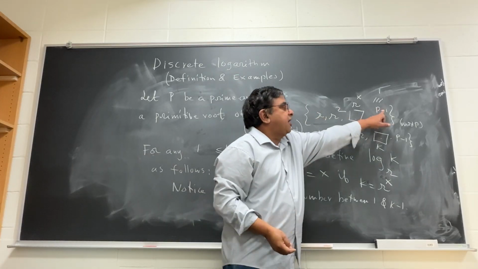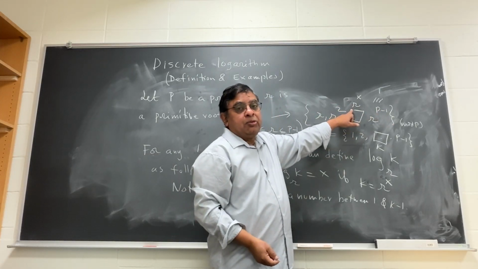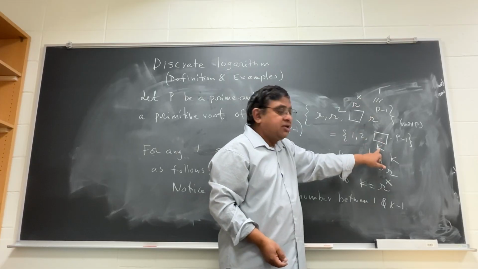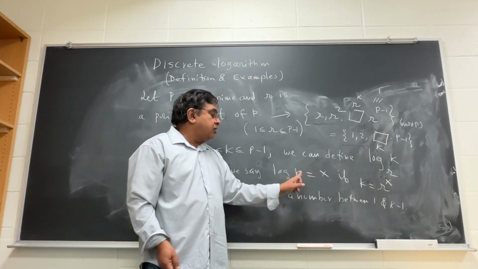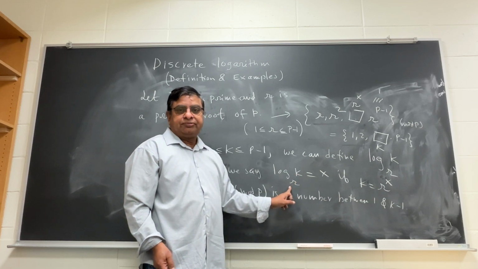So we need to look for x. When you raise R to that x power, you should get k. That x is your discrete log of k to base R. Okay?